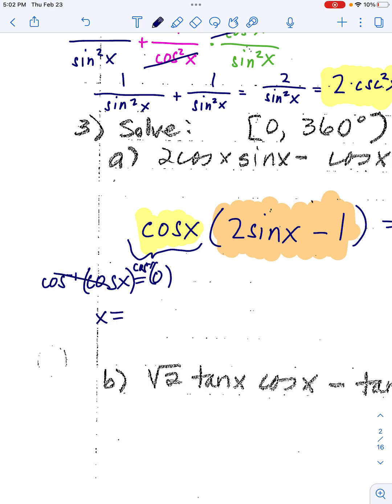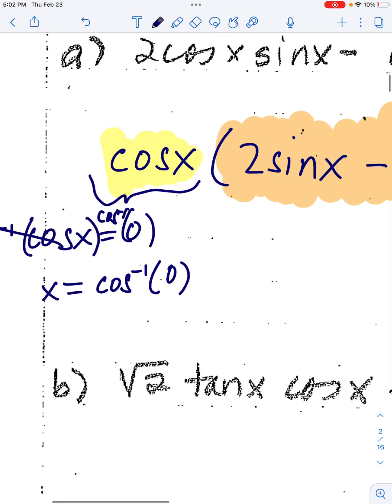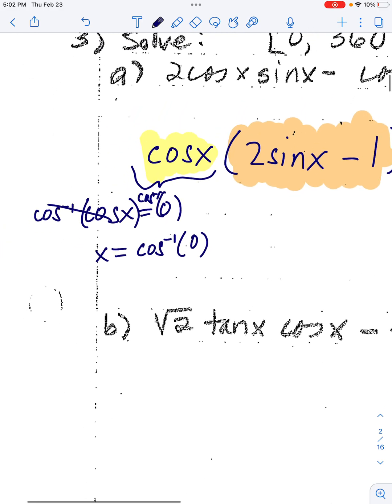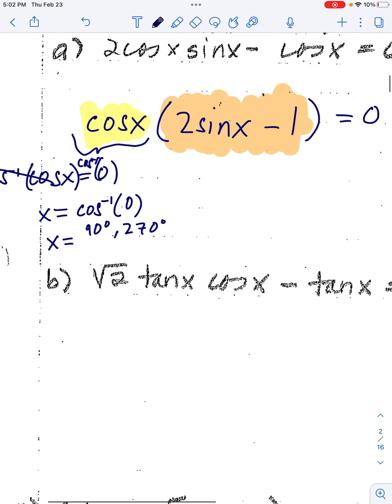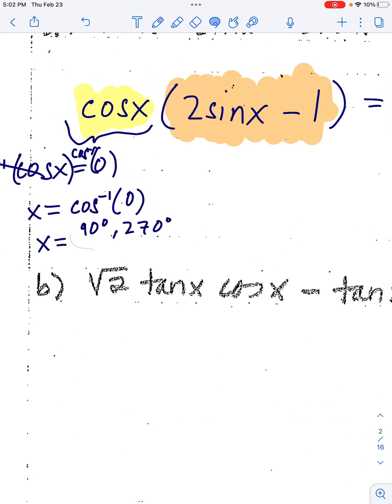So I get x equals inverse cosine of 0. So x is the angle whose cosine is 0, okay? If you look at your quadrantals, those top and bottom angles, so x equals 90 degrees and 270 degrees are going to be your solutions, okay? So that's one answer. I'm going to do that in yellow just so we don't confuse it.